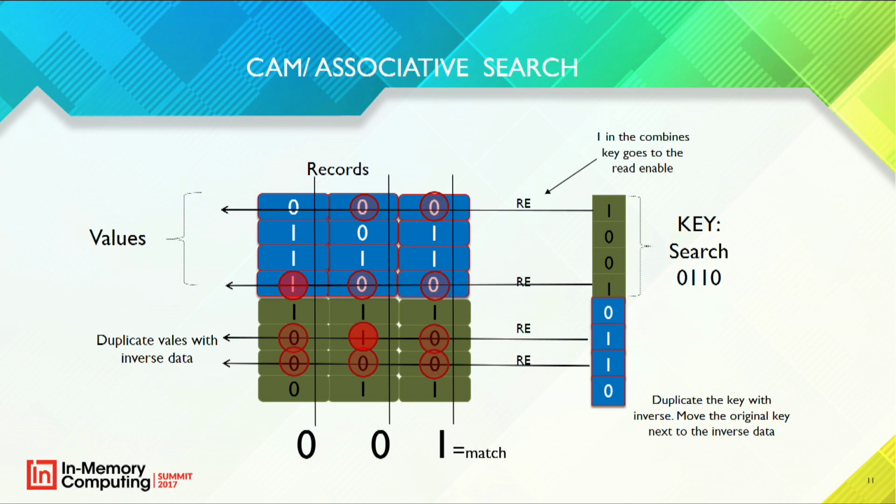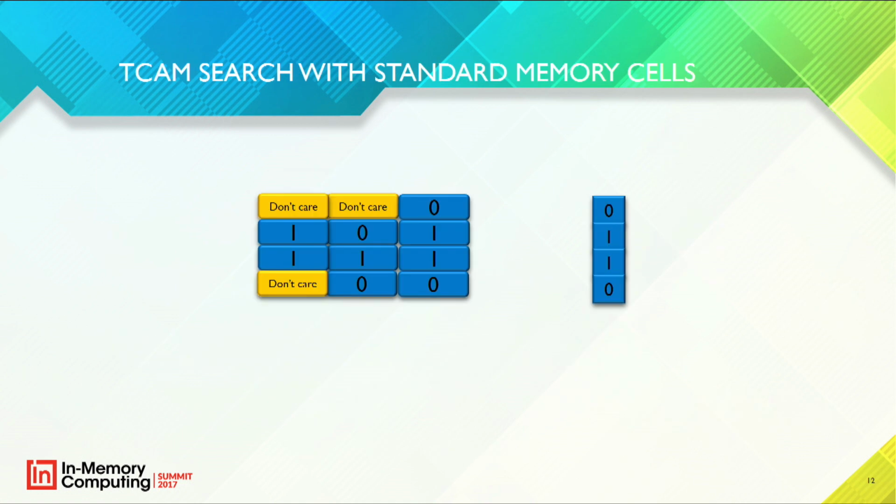So the memory can do compute by the logic and can also do search. We can do more on that. Suppose we have a don't care here. Don't care means it can be 1 or 0, and we want to search based on the don't care. Same memory cells, same standard memories developed in the industry.